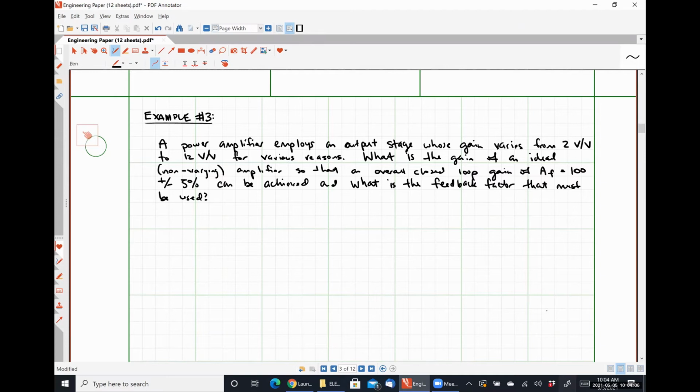All right, so to understand this problem, I think it might be helpful to draw a schematic or a signal flow representation, okay? So what we have is a system that looks something like this. We're applying some input signal because it's a power amplifier. It literally could be voltage or current, so I'm going to leave it as X. We have our mixer here.